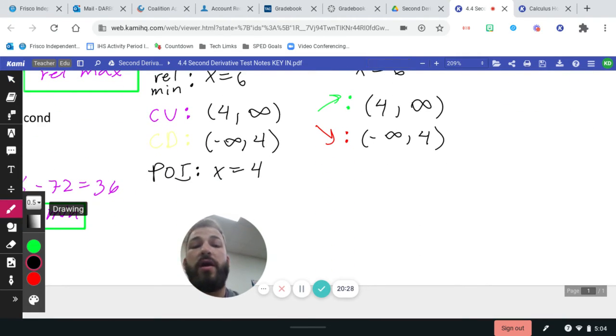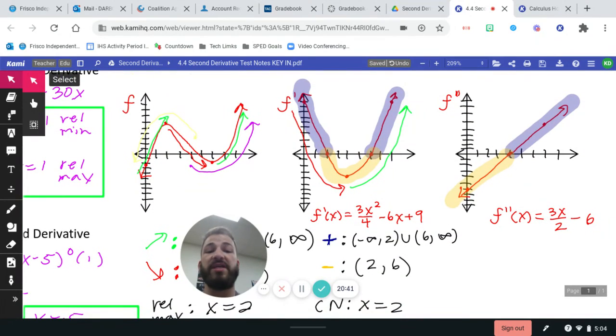So our F prime graph has a relative min at x equal to 4. It's a relative min because we changed from decreasing to increasing, and on F double prime, we went from negative to positive. So that same relationship creating relative mins happens on F prime.